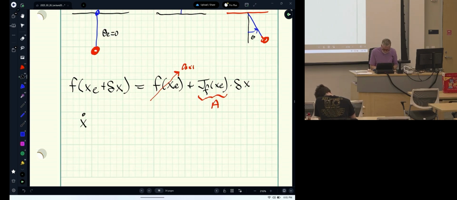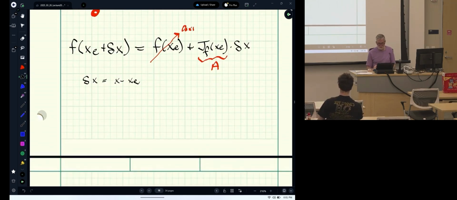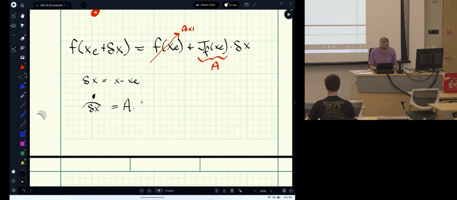So officially, delta x is x minus x_e, our perturbation from equilibrium. Delta x dot is A times delta x. It's just a linear approximation.